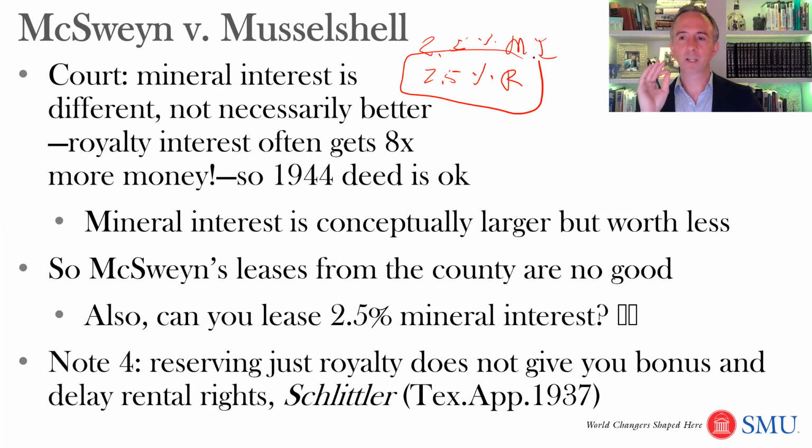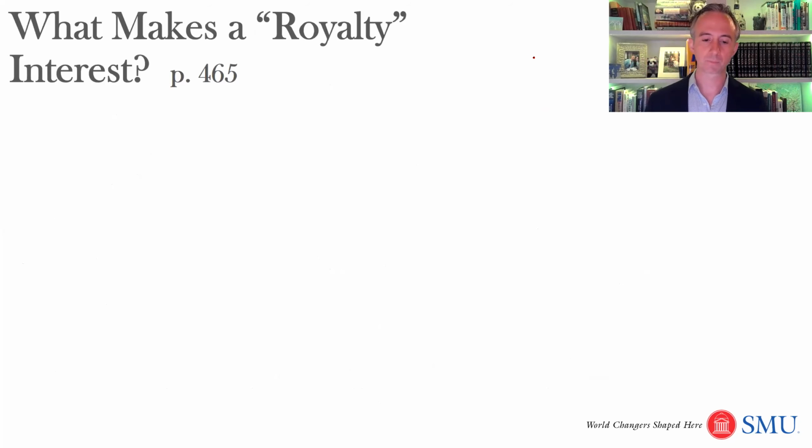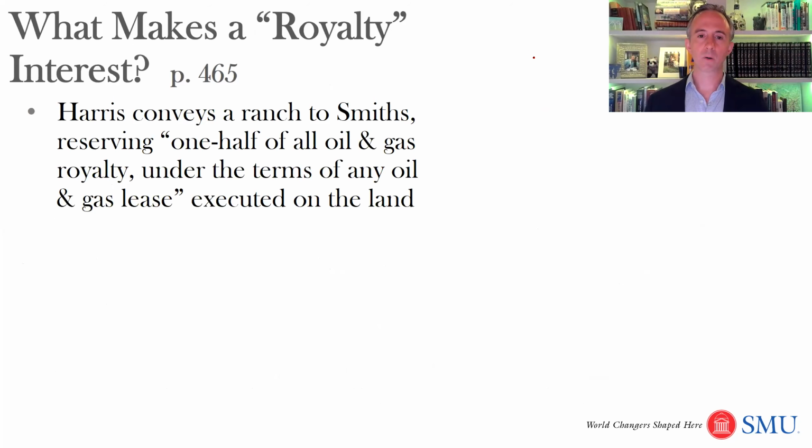With the royalty, you just get 2.5% of all production. But again, remember, because the royalty is the main compensation the lessor receives, you'd rather have 2.5% of all the oil that's produced on this land than 2.5% of the landowner's share of that 1/8 royalty, bonus, and delay rentals, etc.